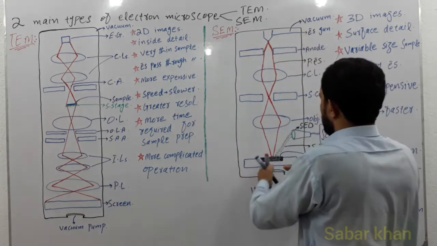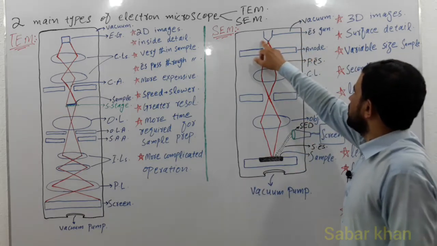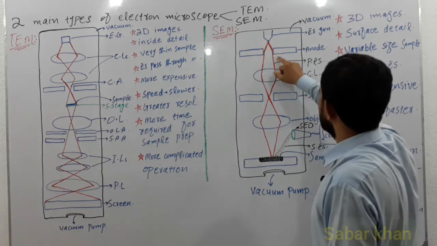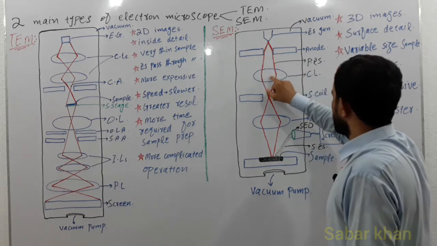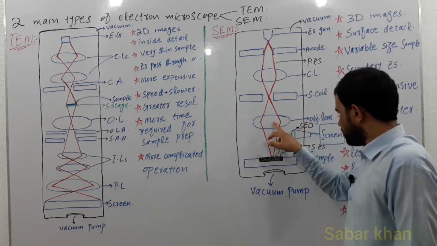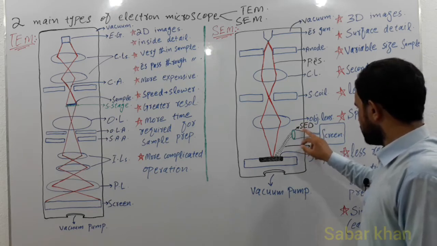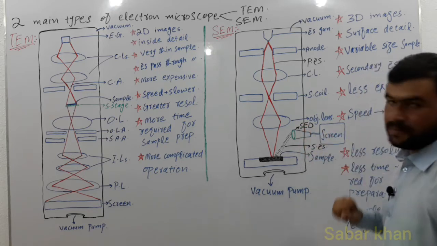There is also a vacuum chamber, and this is the electron gun, this is the anode, this is the condenser lens, this is the scanning coil, objective lens, sample, and this is the secondary electron detector, and this is the screen.